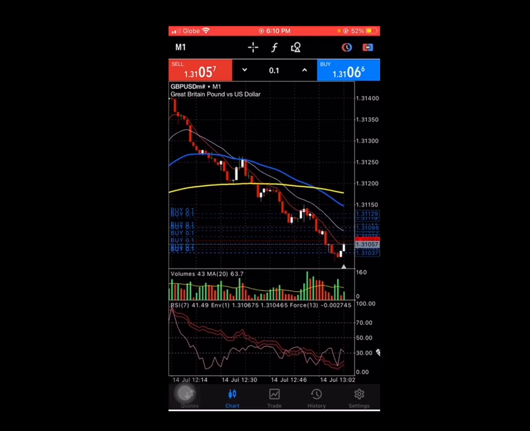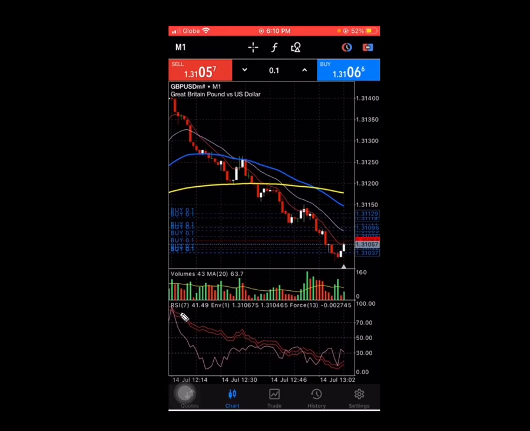As I have discussed in my previous videos, the RSI is used only for levels 70, 50, 30. These are the levels. The RSI is not used for anything like that.